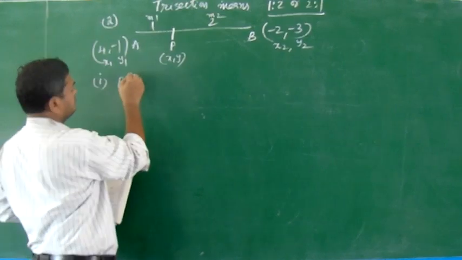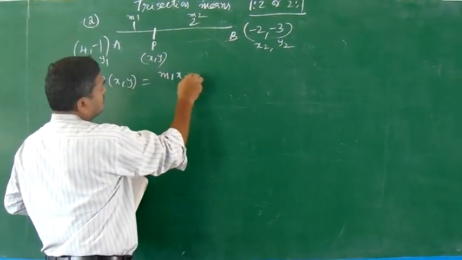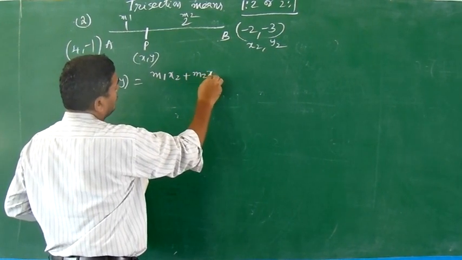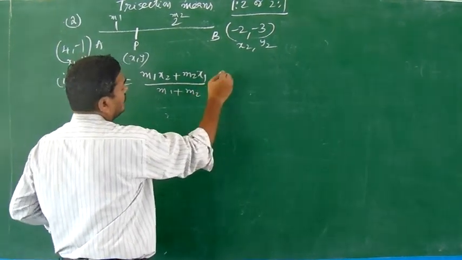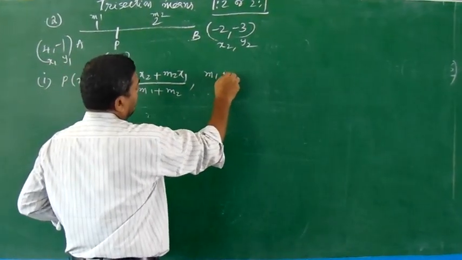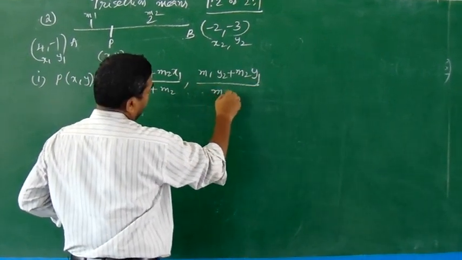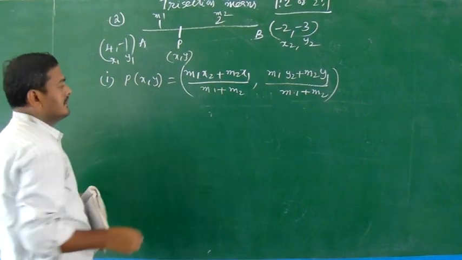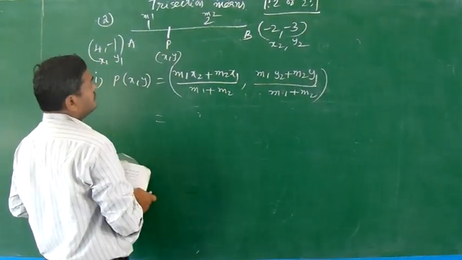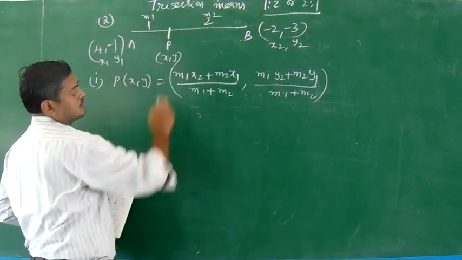P(x, y) equals (m1 x2 plus m2 x1) by (m1 plus m2), (m1 y2 plus m2 y1) by (m1 plus m2). This is the section formula, internally dividing in the ratio 1:2.